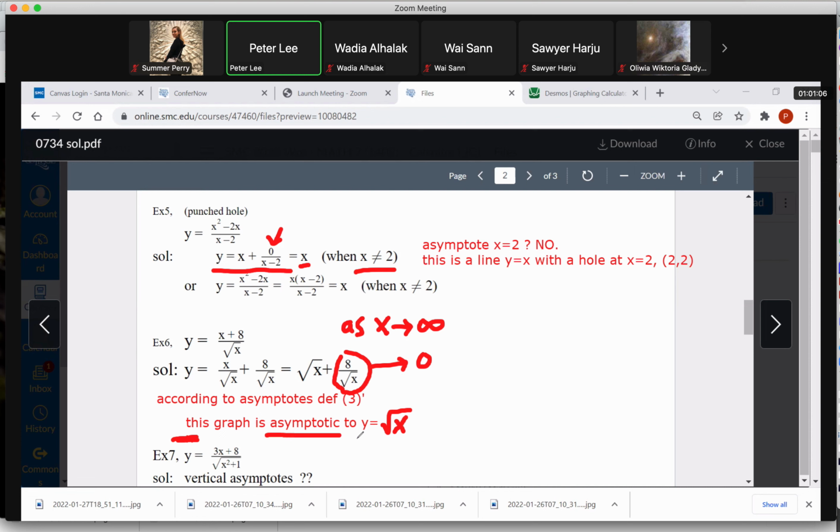Again, study the definitions correctly. Study the definition of asymptotes. Make sure that you understand what they're saying. Then I might ask you, show that this graph is asymptotic to y equals square root of x.